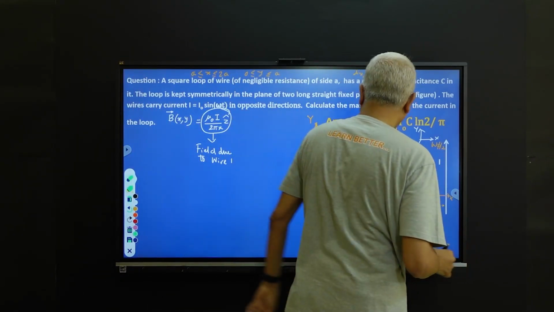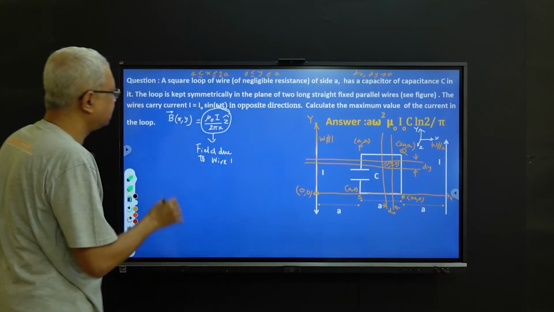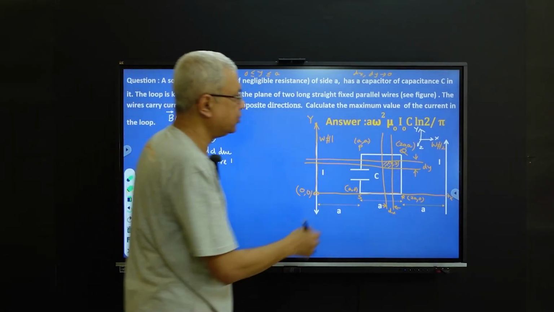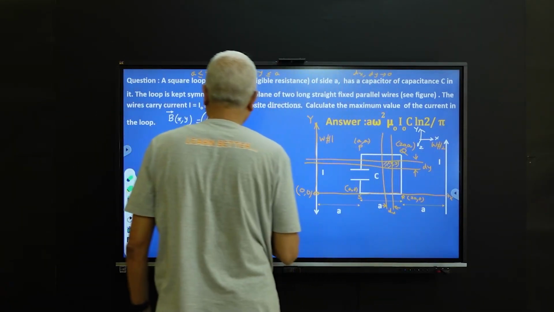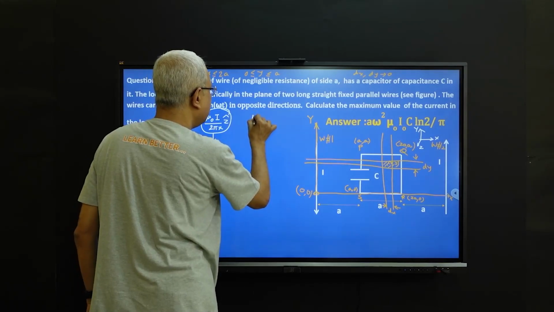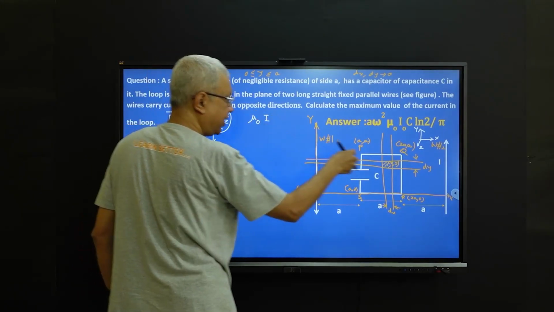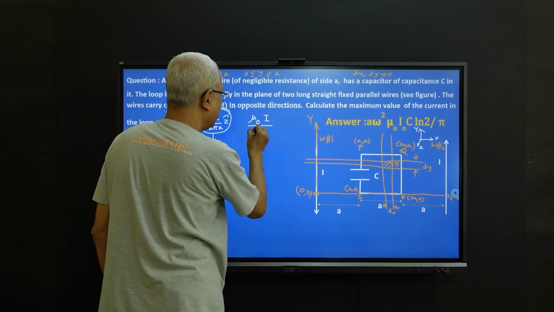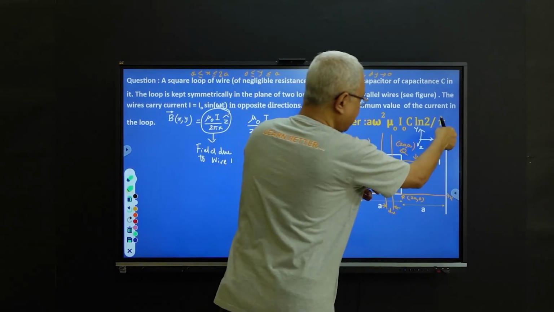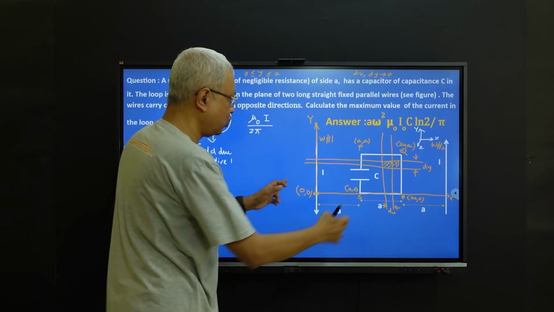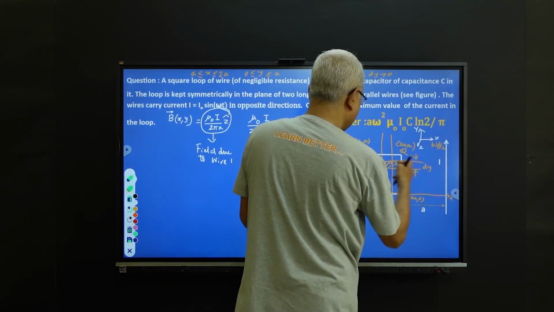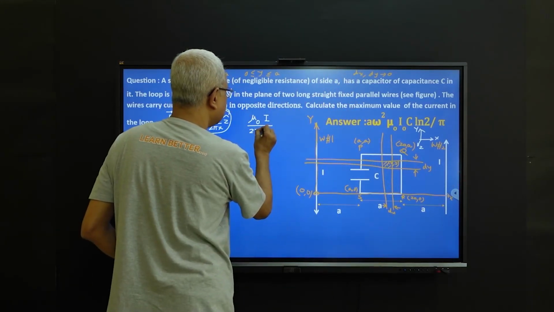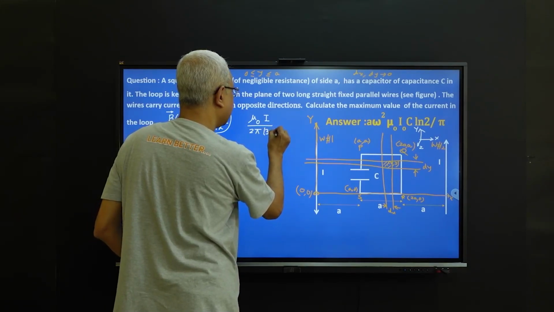Now we have to calculate the magnetic field at the (x, y) point due to wire 2. It will be mu naught I by 2 pi, where again the current is I. And what is the distance of the point from this conductor? Total distance is 3a, so it is 3a minus x.